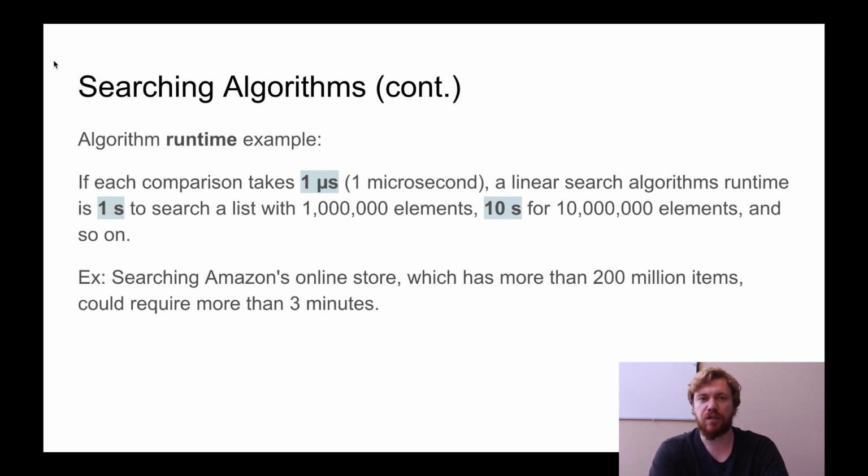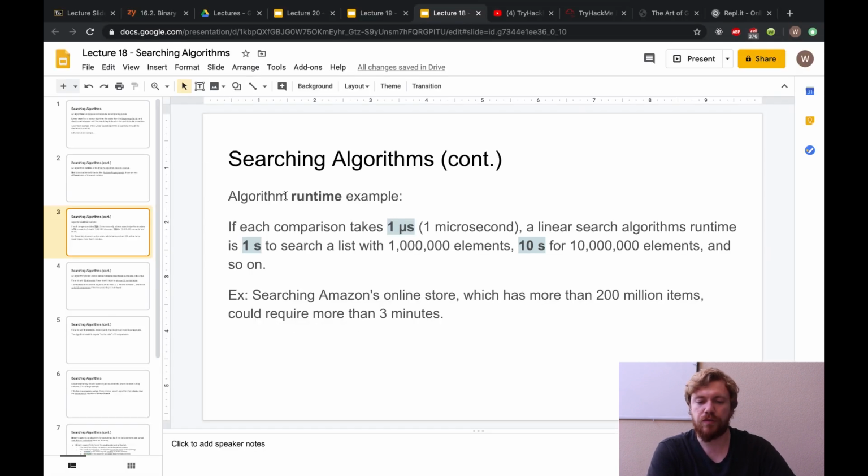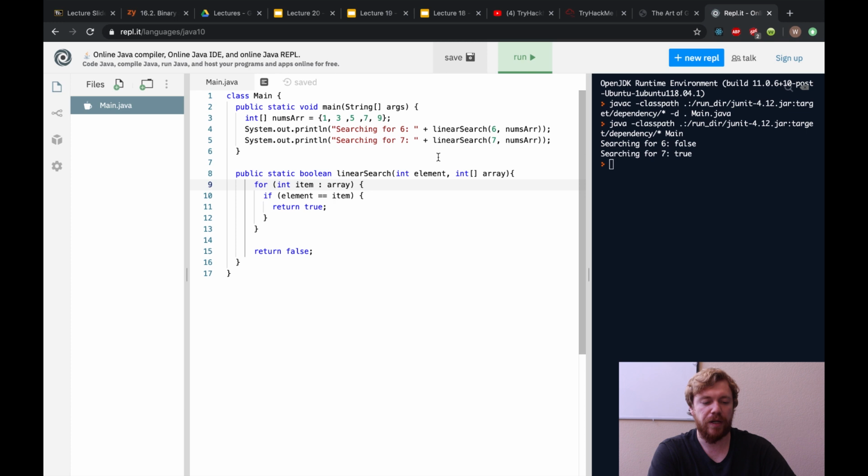In this day and age, that's incredibly slow. Going back to our code, a comparison is this right here: if the element we're looking for is equal to the current item in the array, this is a comparison.